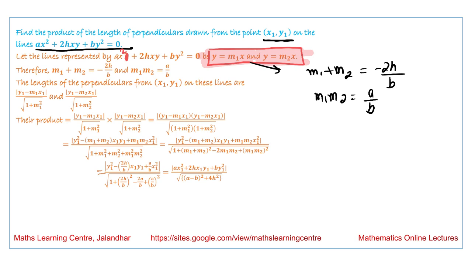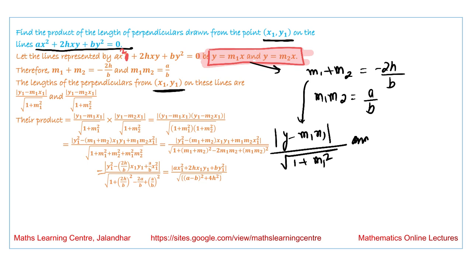The length of the perpendicular from x1 y1 on these lines is given by mod of y1 minus m1 x1 divided by square root of 1 plus m1 square. This is the length of the perpendicular, and the length of the perpendicular to the second line is mod of y1 minus m2 x1 divided by square root of 1 plus m2 square.